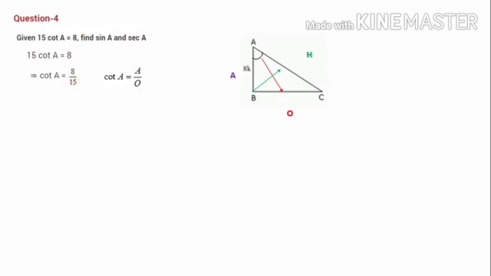So we have to write 8k and 15k on the respective sides. AB is equal to 8k I have labeled and BC is 15k also labeled on the diagram.